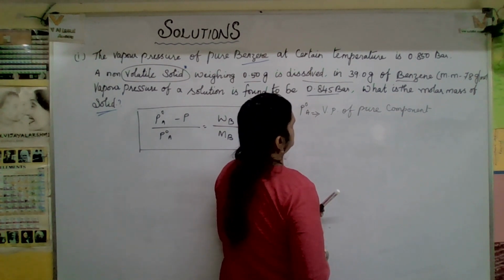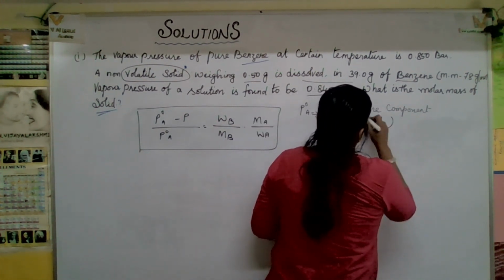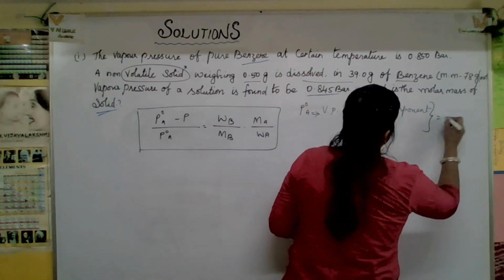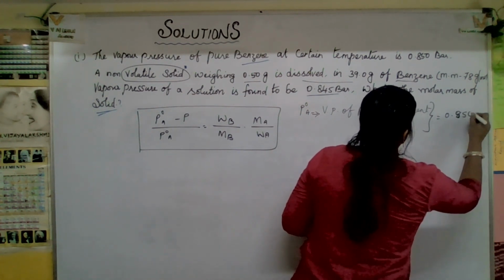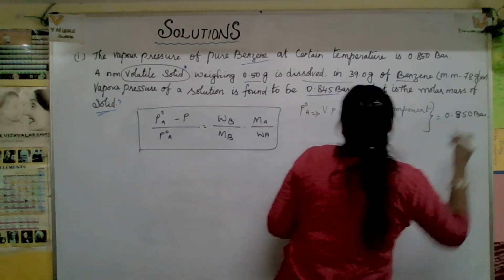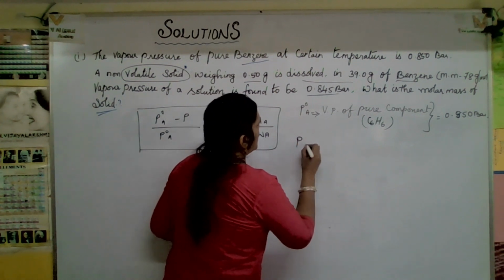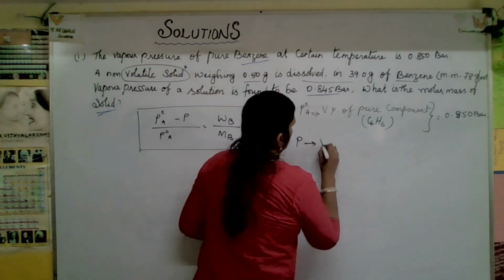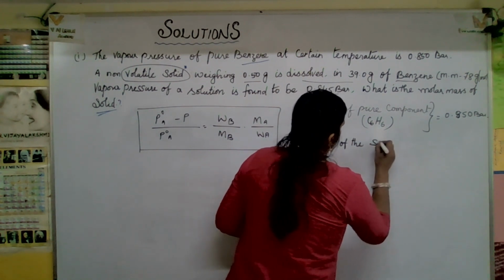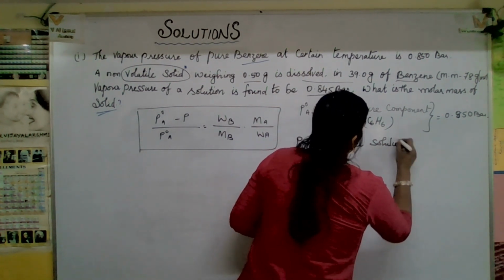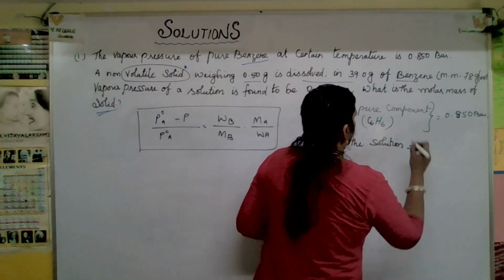It's benzene, C6H6. So how much is it? 0.850 bar. Now the next one, P. What is P? Vapor pressure of the solution. That is what you have learnt in Raoult's law. See, here how much?